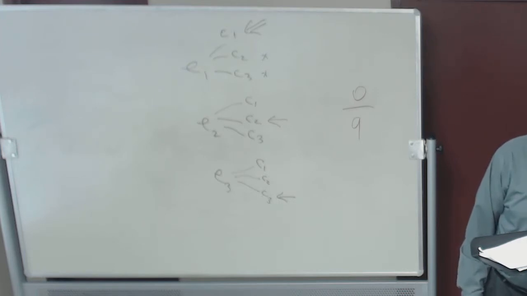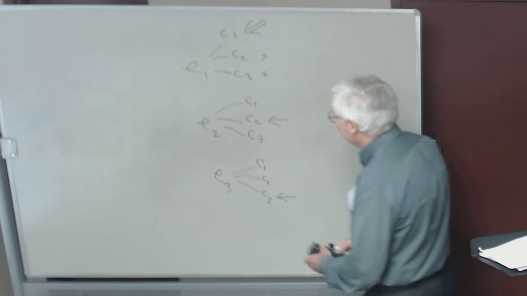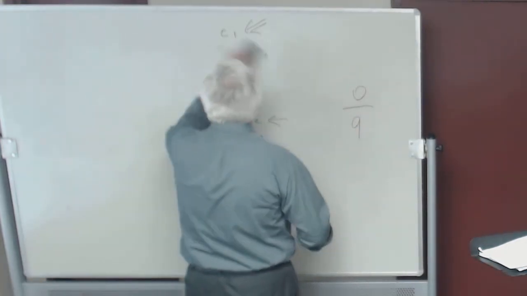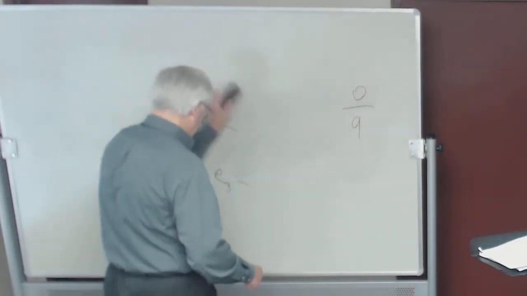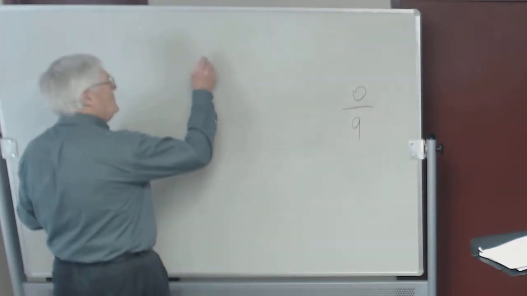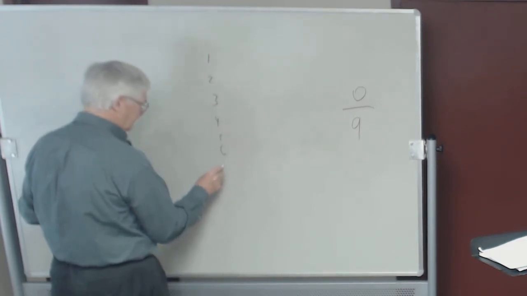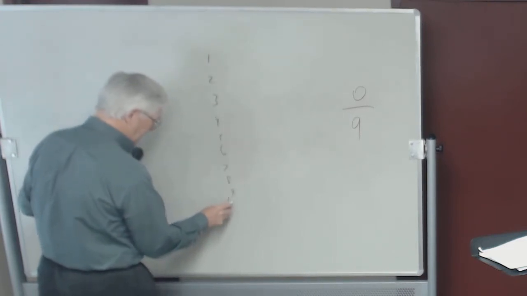For problems 5 through 8, we're using a container with 10 little numbered balls in them, numbered 1 through 10. Number 6. So now, I've got these little balls. 1, 2, 3, 4, 5, 6, 7, 8, 9, 10.